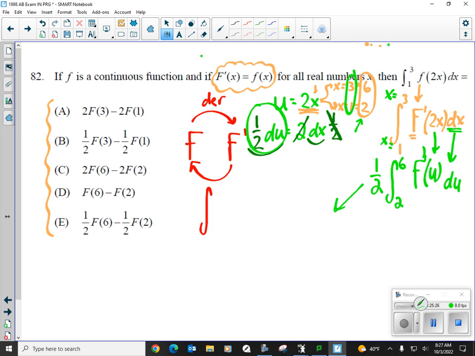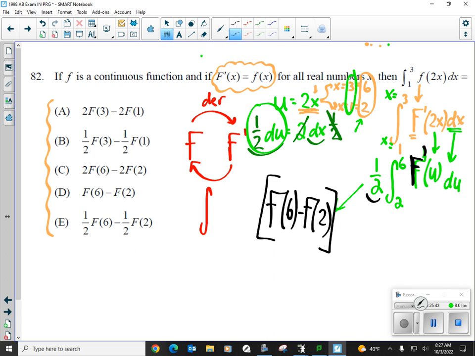All right, so now let's integrate this. If I have f prime, let me just make that clear, and I go backward, I have f without the prime for my upper bound minus my lower bound, and by the way, I still have my 1/2 on the outside. Let's see if we got an answer there. I see it.